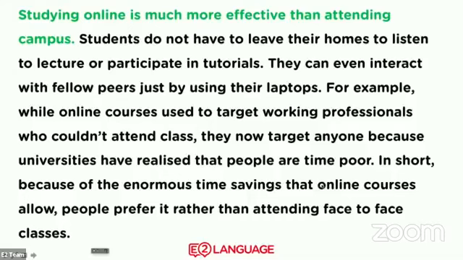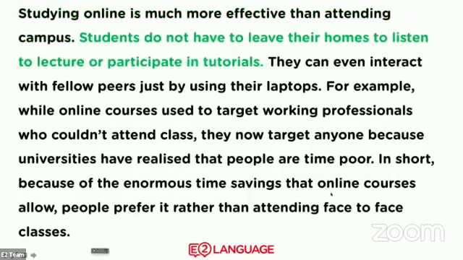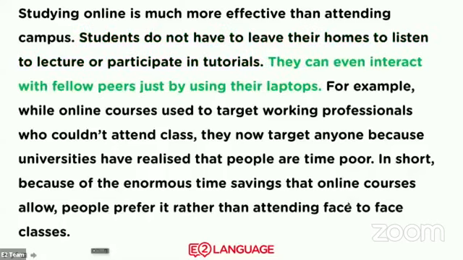That's my opening sentence. Now I need to explain it. Students do not have to leave their homes to listen to lectures or participate in tutorials. They can even interact with fellow peers just by using their laptops. That's another reason. Now I move into my example.